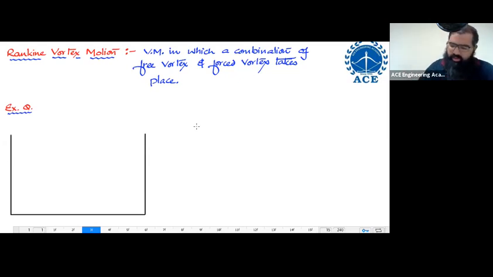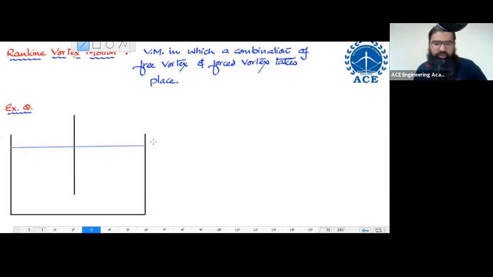Now I'm choosing a centroidal axis of this particular container. Imagine I have chosen a centroidal axis. Let us say this is a centroidal axis of this container. Suppose there is some fluid filled in over here.